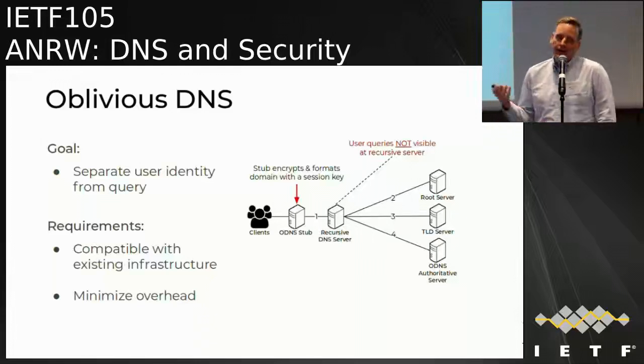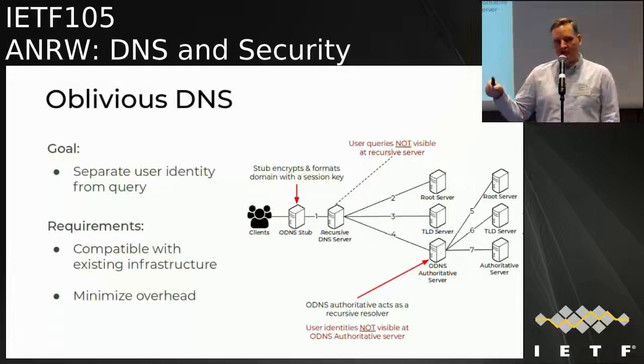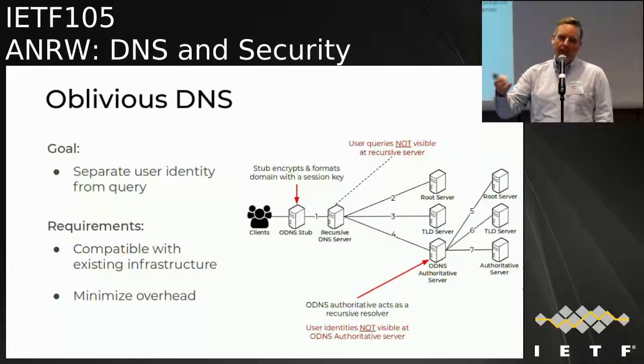At that point, we've got this ODNS authoritative server, which is both an authoritative server and a recursive server. It holds the private key to decrypt the session key. The session key decrypts the query. It then acts as a recursive and does the entire process over again, going to root, TLD, and the actual genuine plain text authoritative.